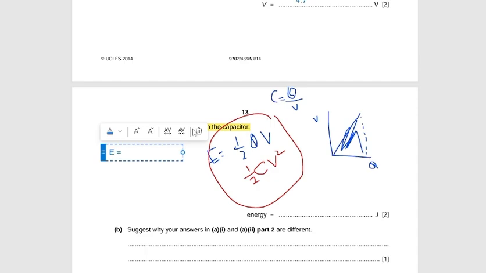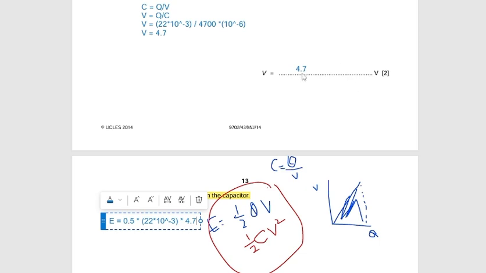If I use this one, I get 0.5 times Q, which is 22 times 10 to the power minus 3, times V, which was given as 4.7, because that's something we found out here.